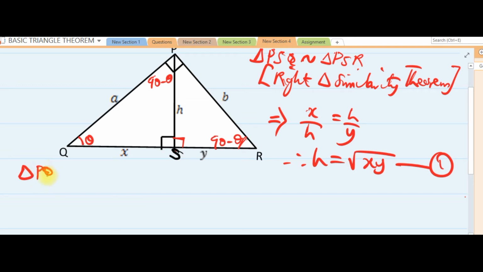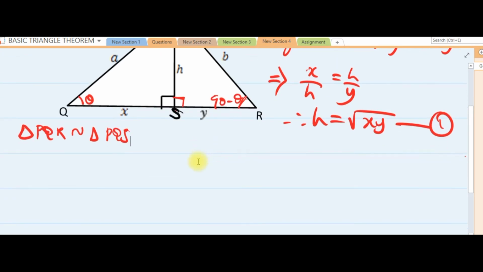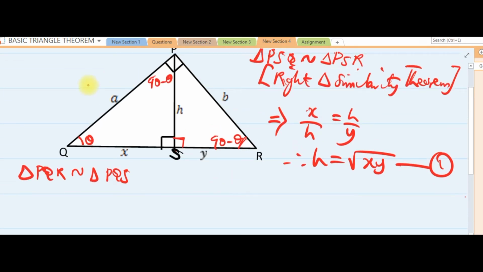Again, triangle P, the bigger triangle now, PQR, is similar to triangle PQS. Yes, check it. It's similar because they are both right, the same logic because of right triangle similarity theorem.